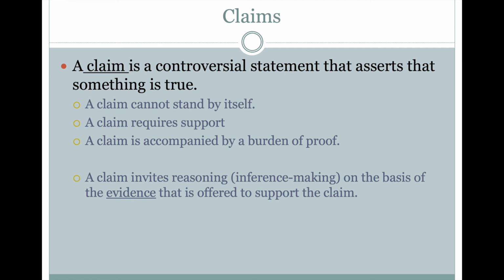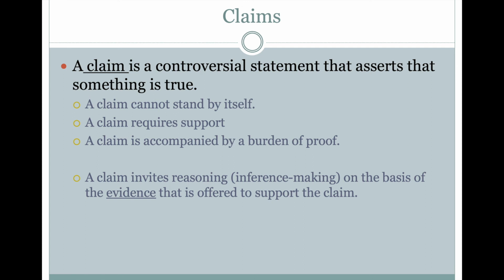And when someone asserts or advances a claim that is a controversial statement, it is accompanied by a burden of proof. That is, the person making that assertion assumes the obligation to provide additional statements in evidence or proof in support of the original claim. And also, a claim invites reasoning, that is, inference making, on the basis of the evidence that is offered in support of the claim.